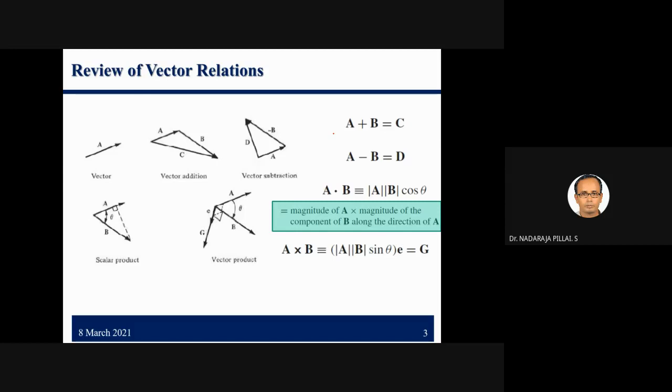The absolute value of A, its magnitude, is a scalar quantity, while A itself is a vector. And let n be the unit vector.